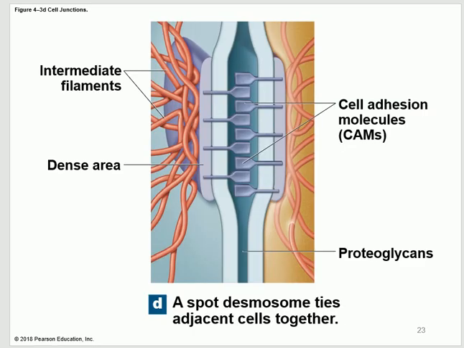The next is called desmosomes. And desmosomes will have something called CAMs, or cell adhesive molecules. Here is one cell, here is one cell, here is a CAM, here is a CAM. This is going to adhere to each other.